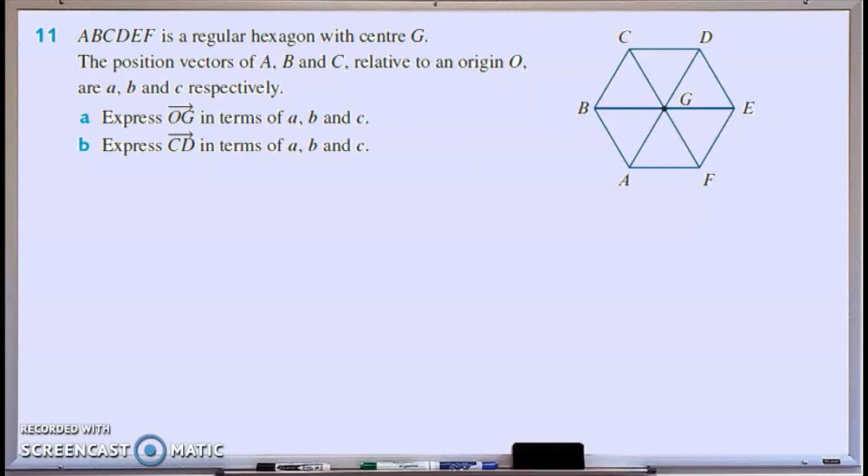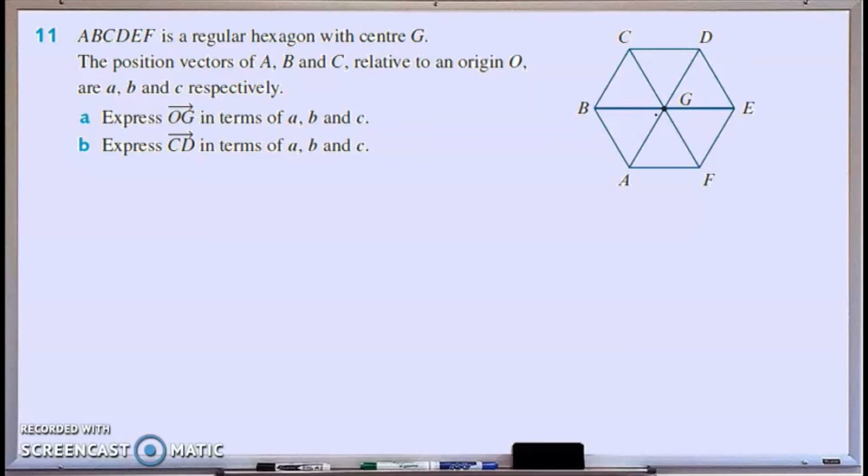We have a question here that's asking us to construct vectors and then represent some vectors as sums of other vectors. Now, to do this, we need to create an origin. And the only thing an examiner wouldn't give you credit for is if you created an origin on one of these actual spots. Anywhere else is fine.